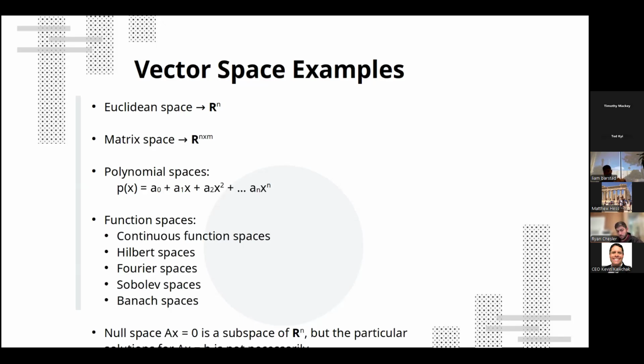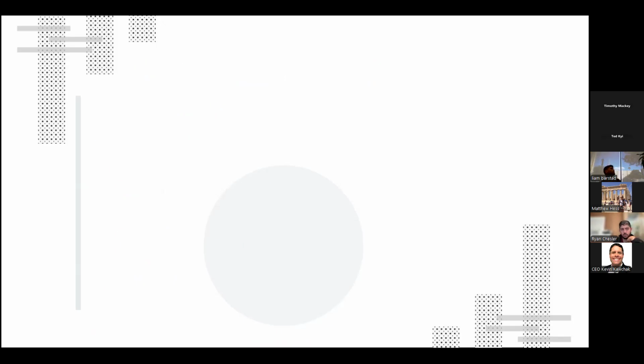But one, it's not closed. If you have multiple solutions for AX plus B, then they can add up to be something else. And the other thing is 0 is not necessarily in AX plus B, unless B equals 0, or it is homogeneous. Yes. So just keep that in mind.